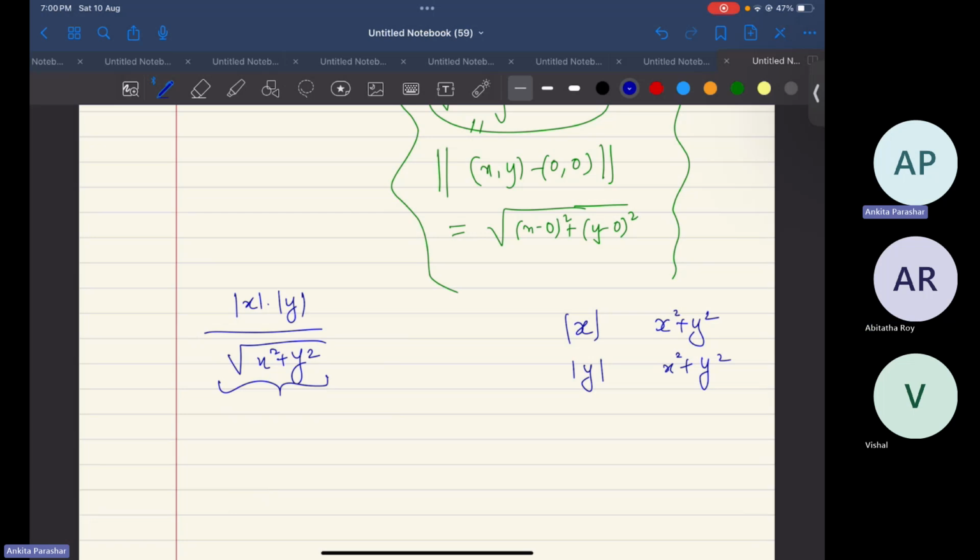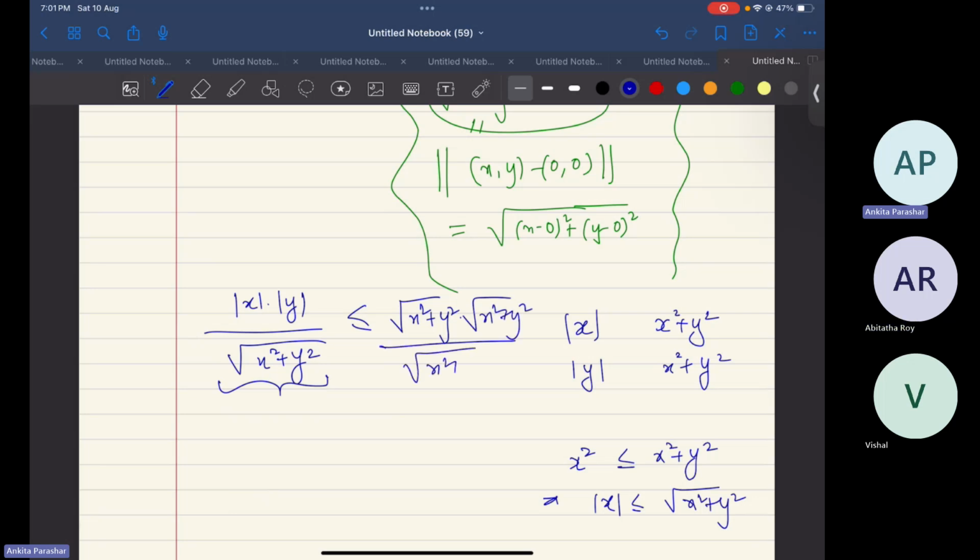Which one is less? If x square is less than x square plus y square, so mod of x is less than root of x square plus y square. Very good. So can I say this is less than or equal to under root of x square plus y square? Mod is less than under root. Is that okay? Yes.